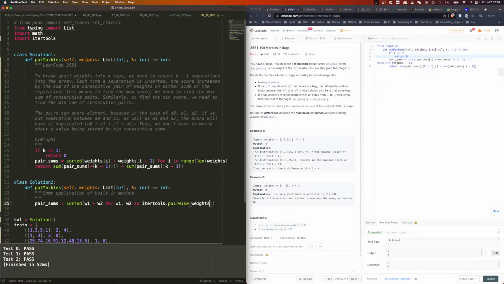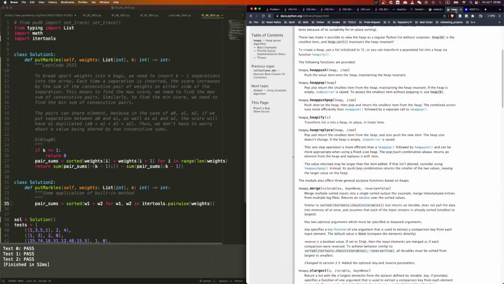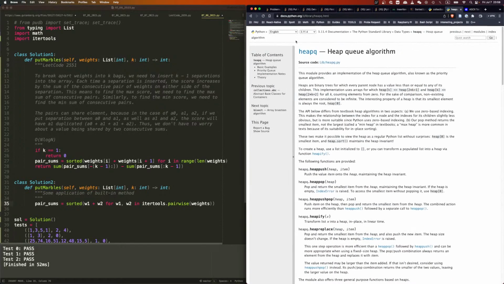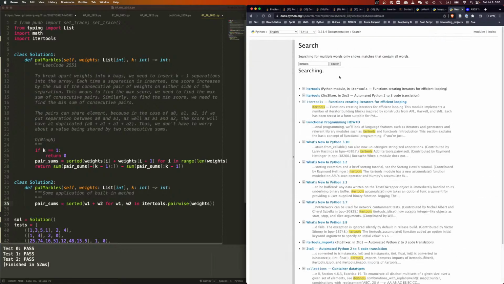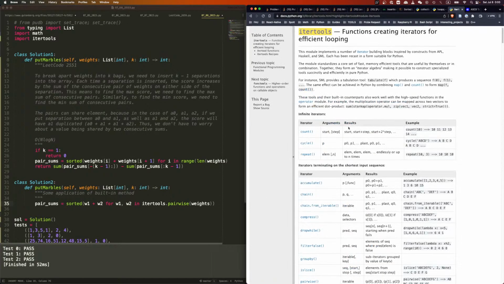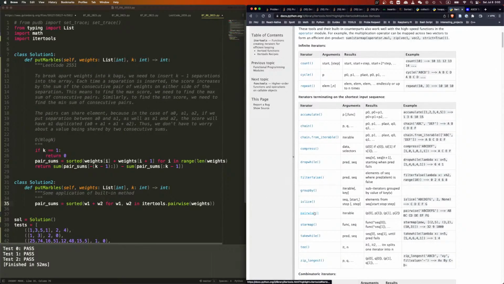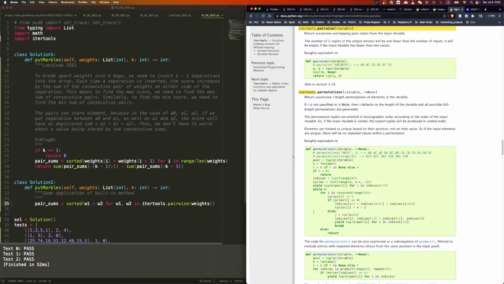Actually, we need to check the documentation. itertools.pairwise returns successive overlapping pairs. Oh yeah, that's exactly what we want.